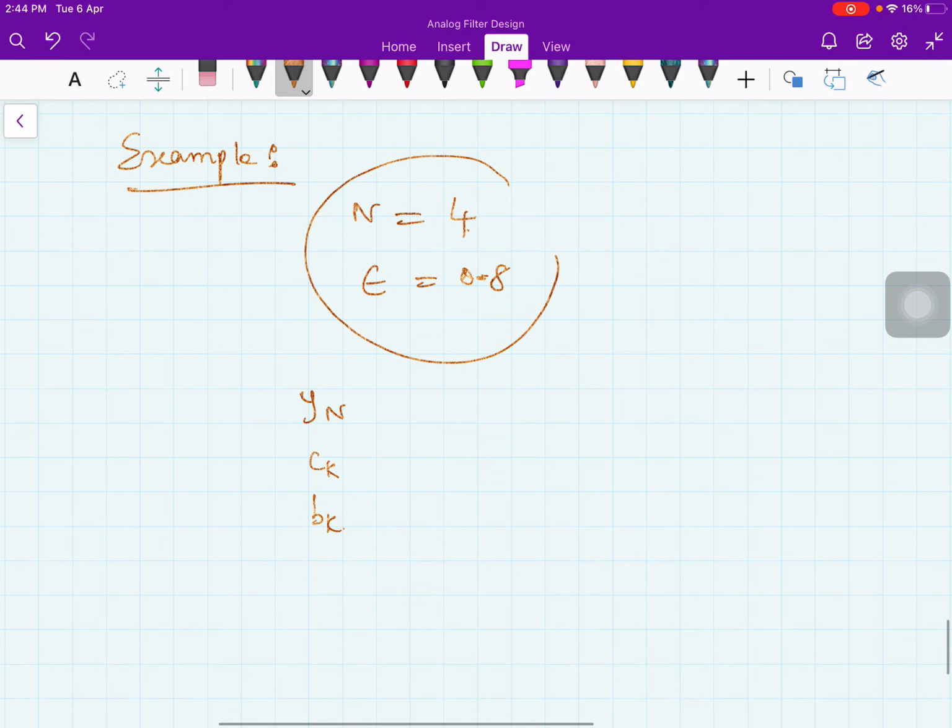Now the first step is, as I said, you have to find out c0, ck and bk. Before that you have to find out y suffix n.